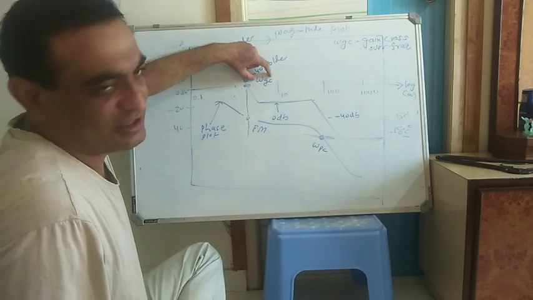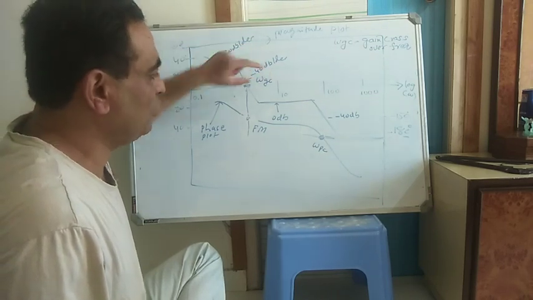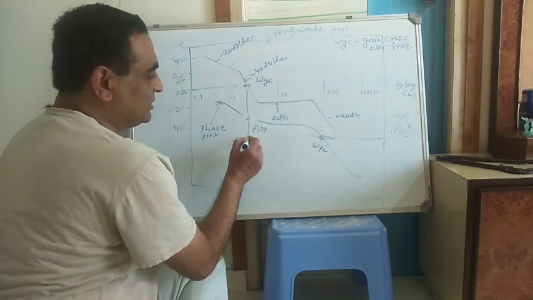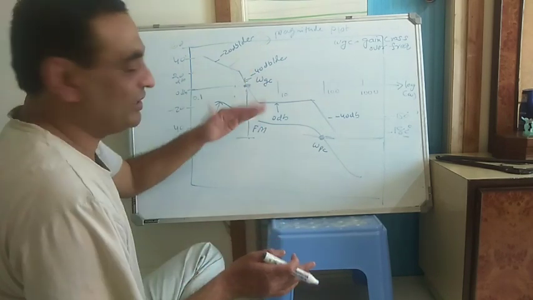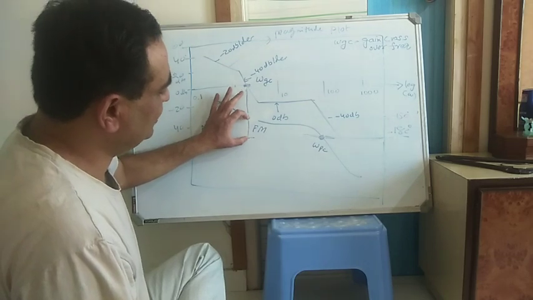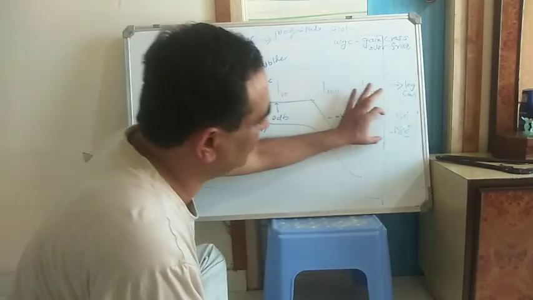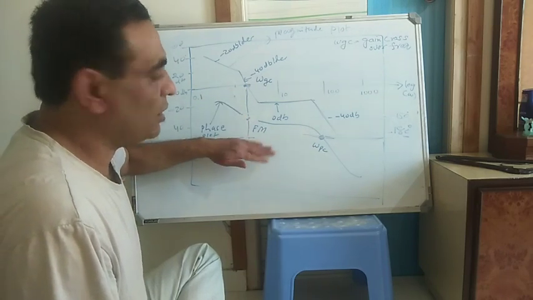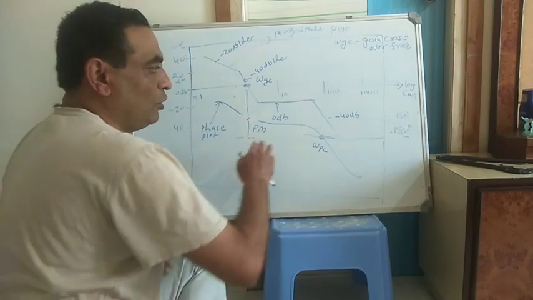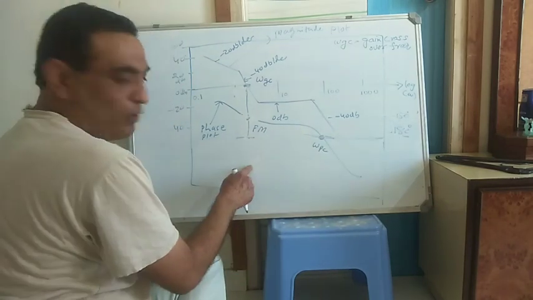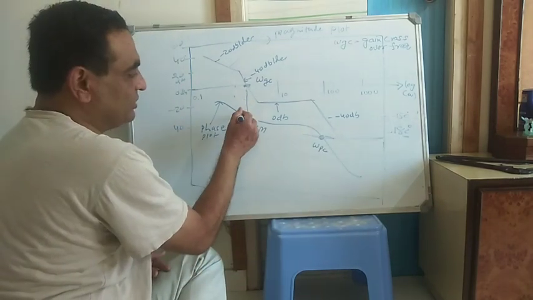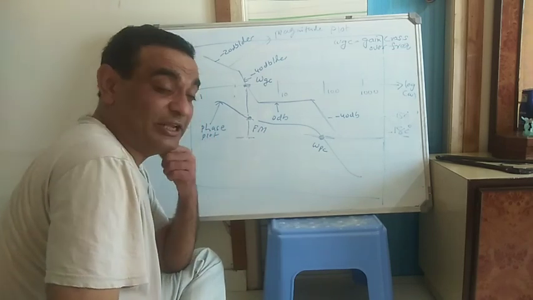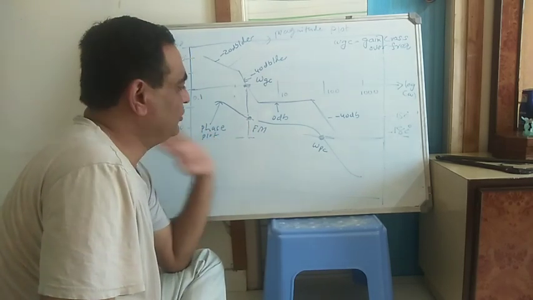You project omega GC, the gain crossover frequency, on the phase plot, and see how far it is above the minus 180 degree line. The total gap is around 30 degrees, so 30 degrees is the phase margin. Since it is above the minus 180 degree line, it is plus 30 degree phase margin.